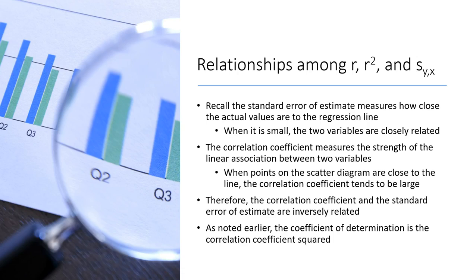Well, if we're doing a linear model, we want this to be a very high value. So typically, these two values are going to be inversely related just because of the nature of what they measure. And so, as the strength of a linear relationship between two variables increases, the correlation coefficient increases, but the standard error of the estimate is going to go down.